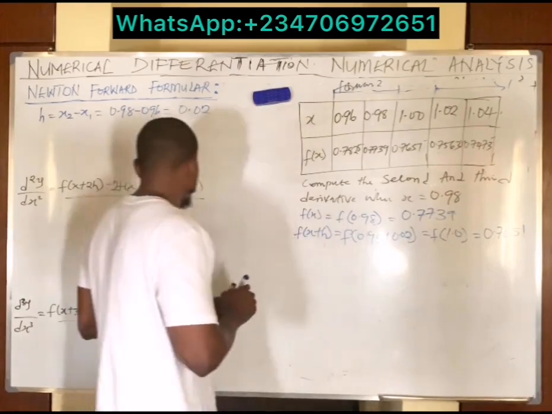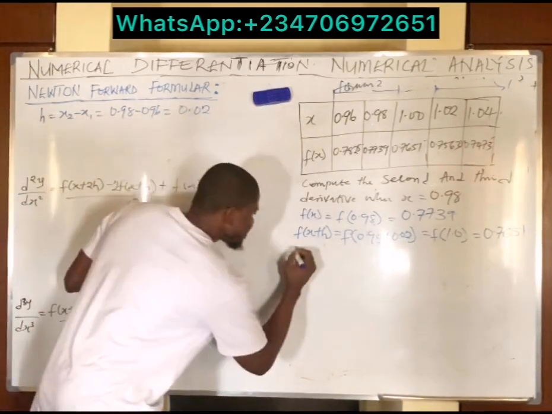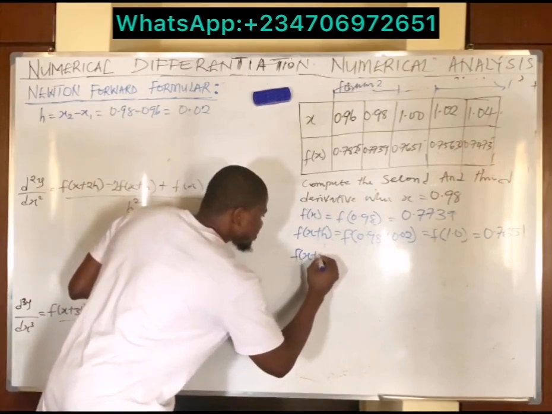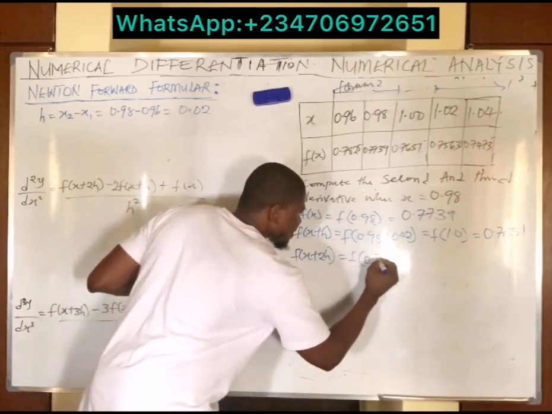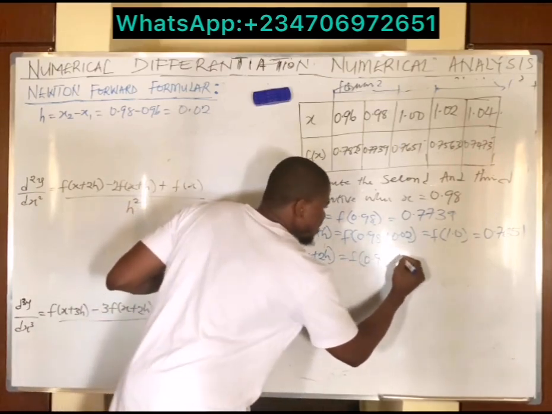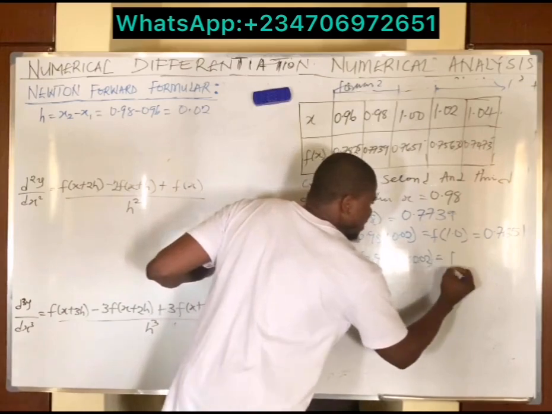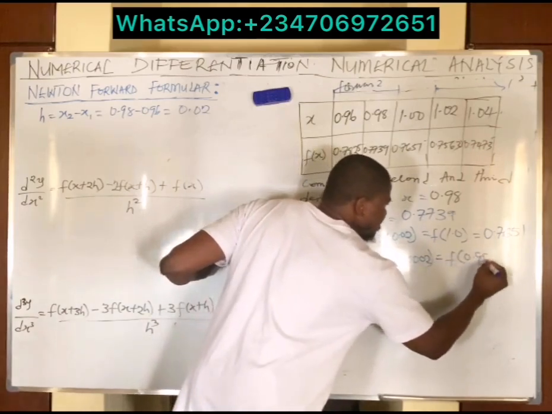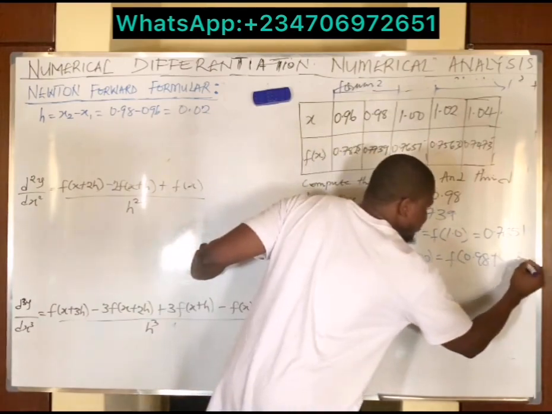Okay, next from the formula is f of x plus 2h. So we find f of x plus 2h. Here x is 0.98, and 2h is simply 2 times 0.02, which is 0.04.